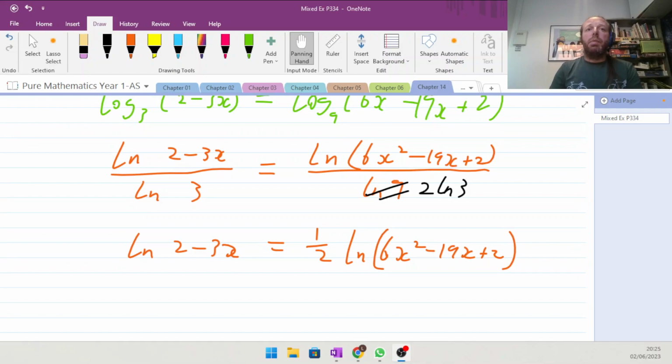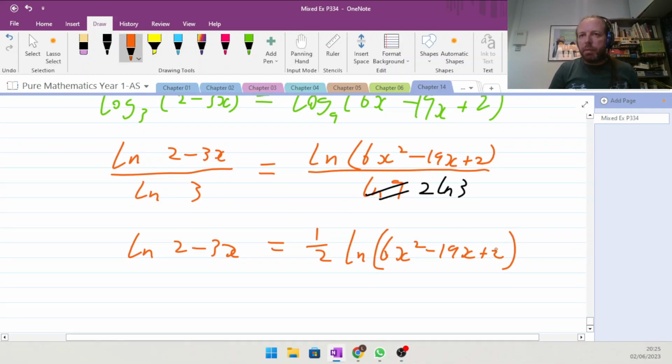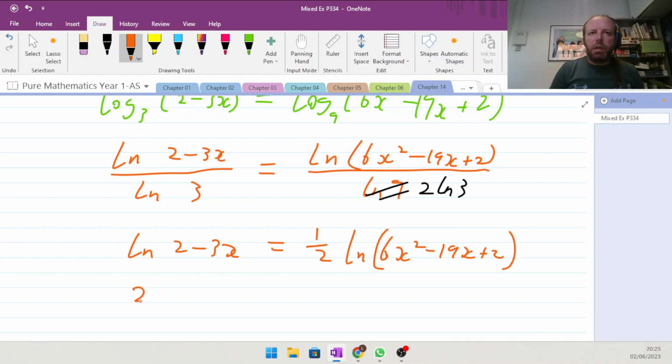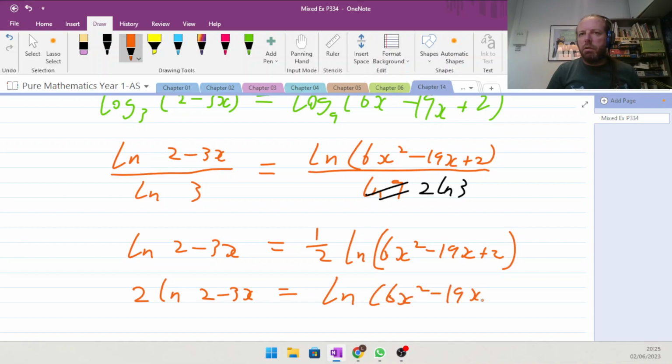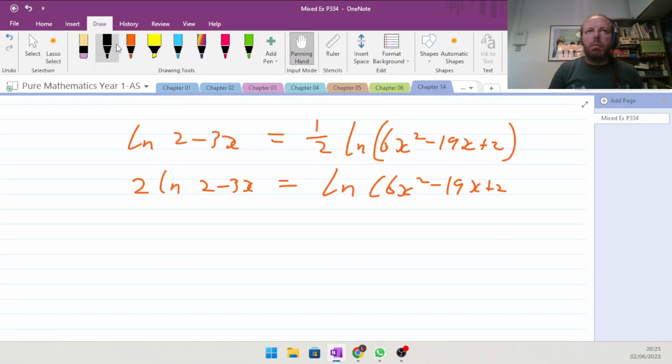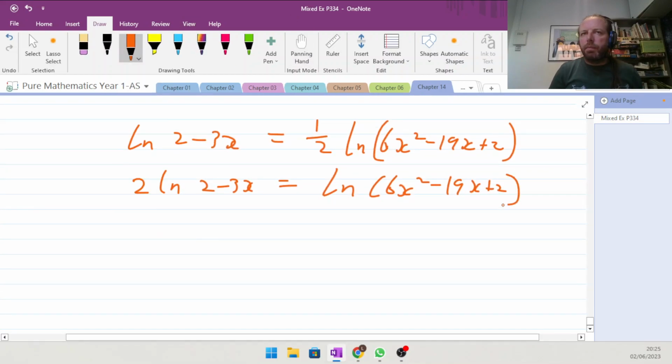Here I am worrying about it all, and it was correct all along, because I made a mistake. I called that a 12, didn't I? So as this comes across, you end up with 2 ln 2 minus 3x, which equals ln of all of this log still. That's going to get squared because of the 2 here.